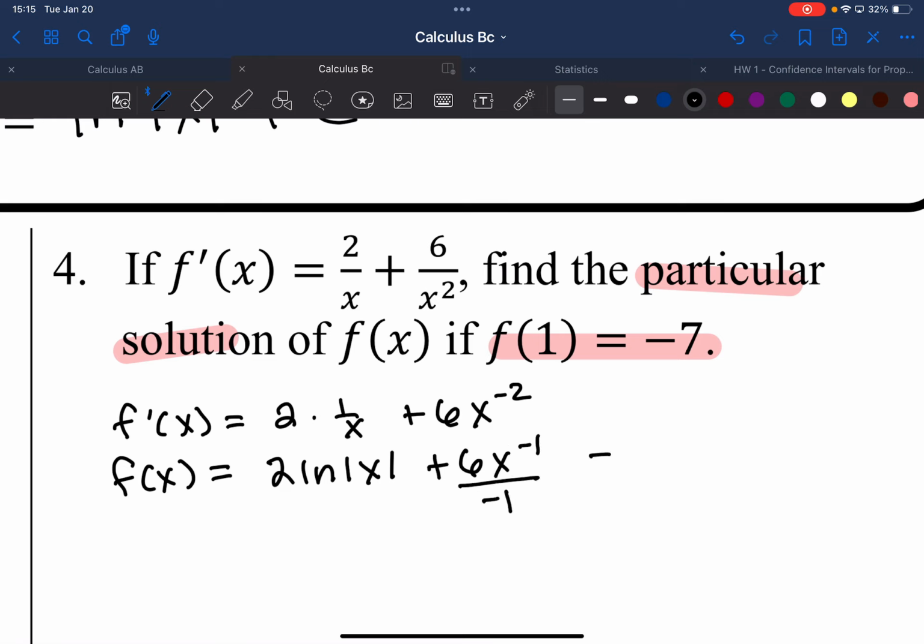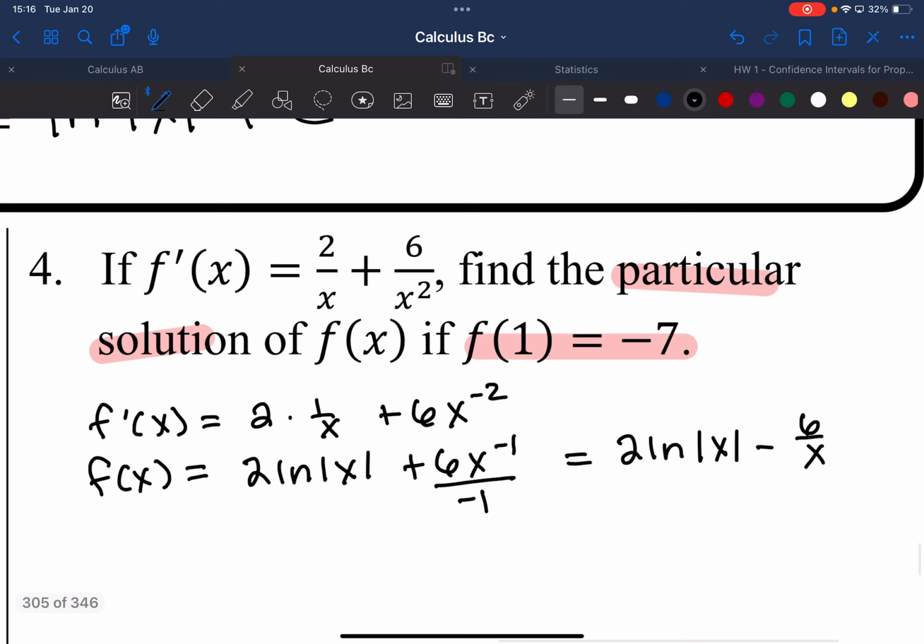Well, that's the same as just saying 2 natural log of x minus 6 over x. Let me make sure I simplified. Yep.